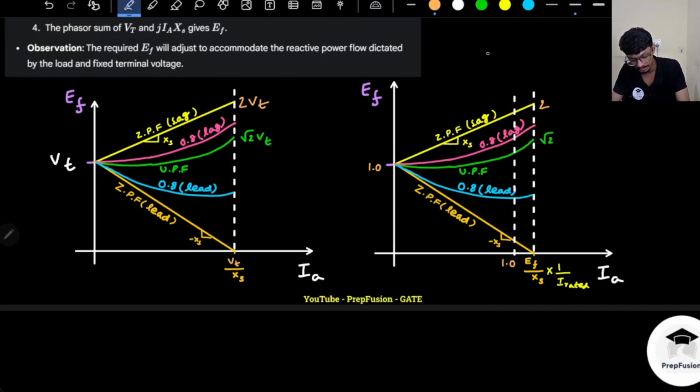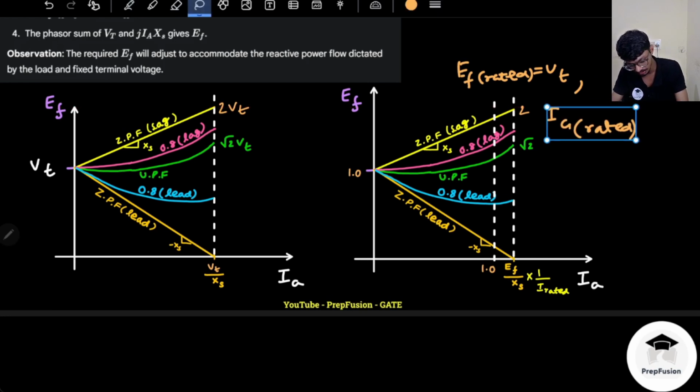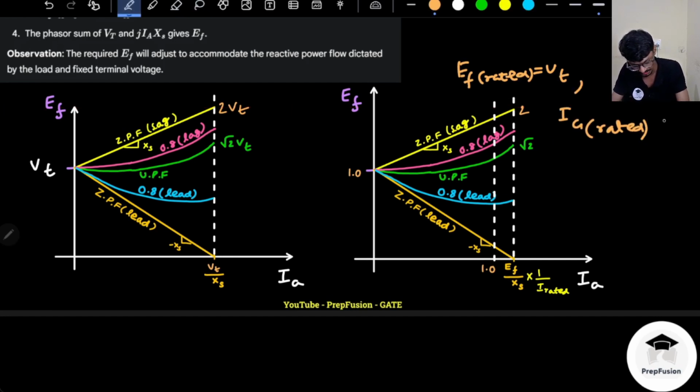So this time, for per unit, the rated voltage EF rated is Vt, and my IA rated is some IA rated value, I don't know, but this much I know that IA rated will be somewhat lower than the short circuit current, that is for certain. So that's why this line is coming, rated current is coming before this. Okay, that much is certain.